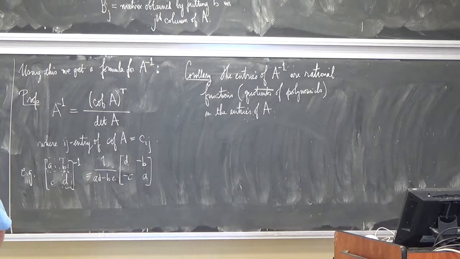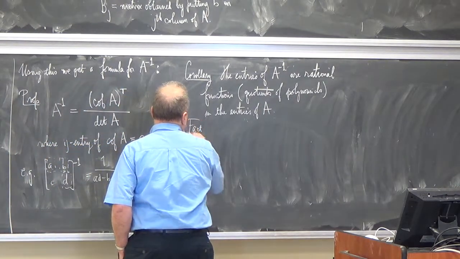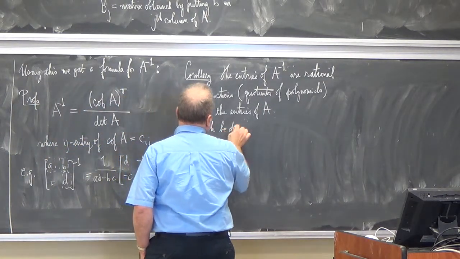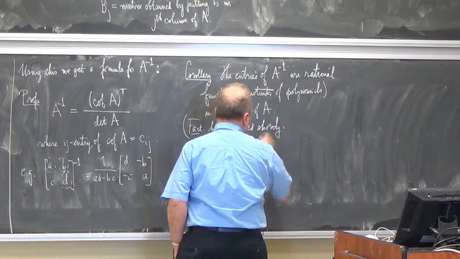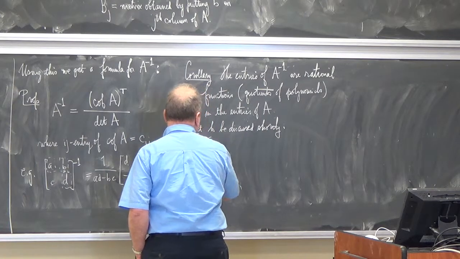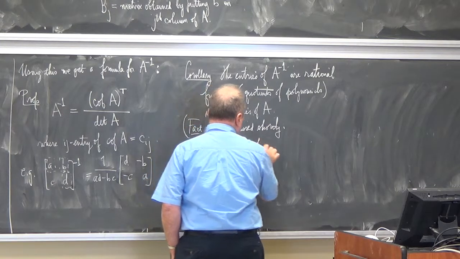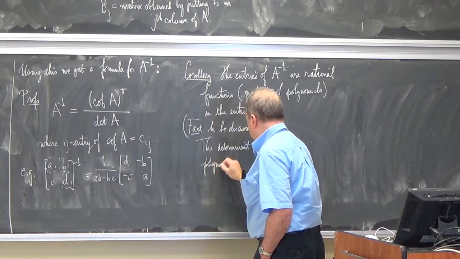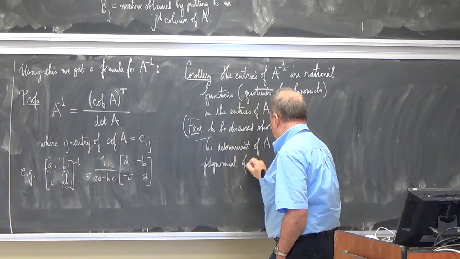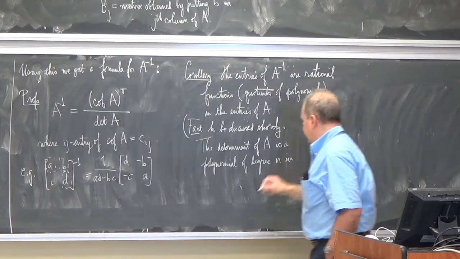So I will actually get to this in a minute. The fact that I'm using here, to be discussed shortly, is that the determinant of A is a polynomial of degree n, assuming A is n by n, in the entries.